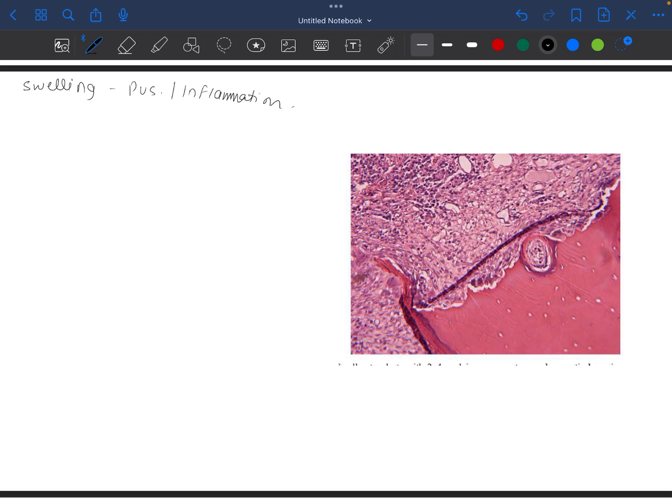The patient has inflammation, so they will also complain of pain, redness, increased temperature. Right? They may even have a small fever, or basically we say febrile.